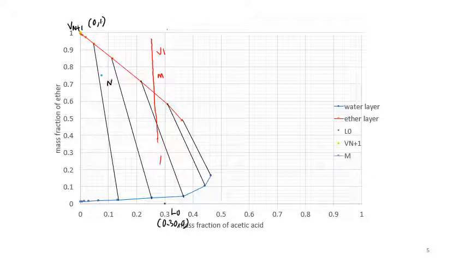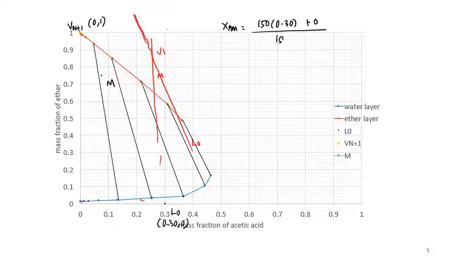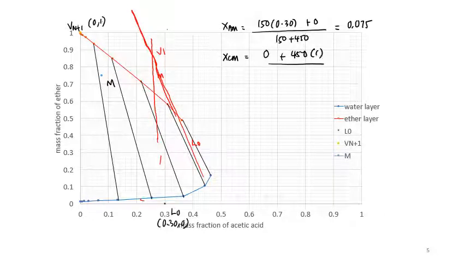And you have to calculate the point M. So XAM equals 150 times 0.3 plus 0 over 150 plus 450. You get 0.075, and XCM equals 0 plus 450 times 1 divided by 150 plus 450, you get 0.75. So the coordinate of M is 0.075 and 0.75.